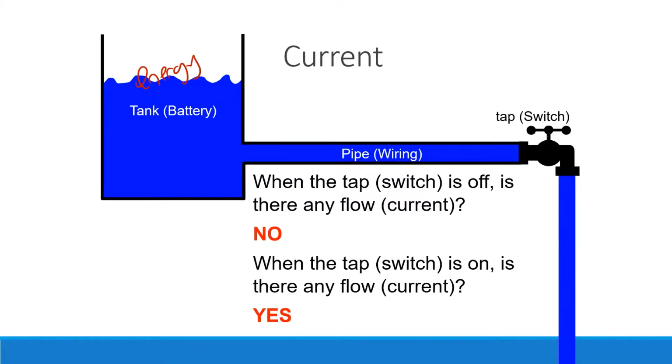Well, not exactly the current, but the charge can move, which means there is a current. We're not going to talk about whether that's a high current or a low current, but remember, all we talk about when we're talking about current is moving charge and how quickly they're moving.